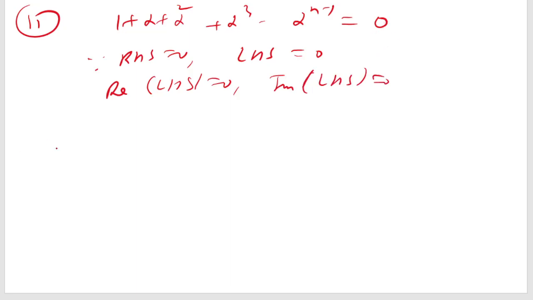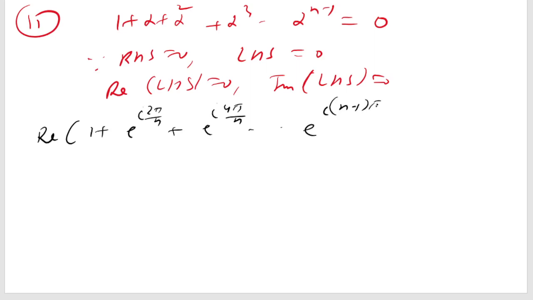Okay, so if you talk about the real part of the left hand side, I can say 1 plus alpha plus alpha square and so on. Here alpha means e to the power i 2 pi by n, e to the power i 4 pi by n, up to e to the power i (n minus 1) 2 pi by n, and the sum will be 0.